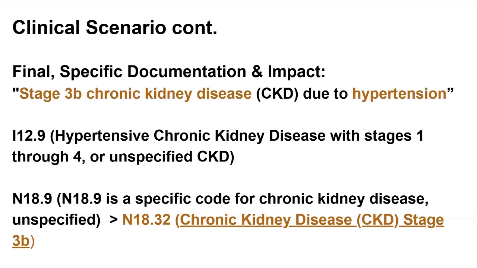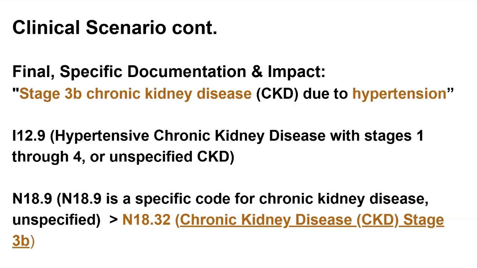But this is the appropriate combination code to capture both the CKD and the hypertension. Also, according to official coding guidelines, you're going to also code the stage. All right. So we had an unspecified CKD, N18.9. Now that we have corrected that by calling out the stage, we can get to the specificity around the stage being 3B.